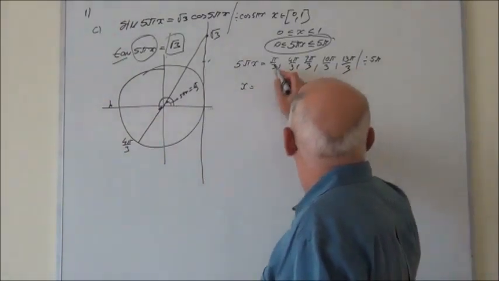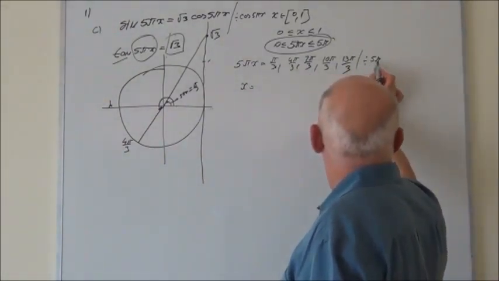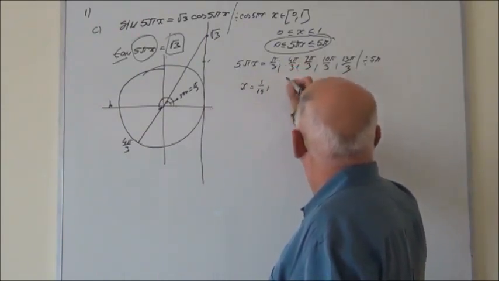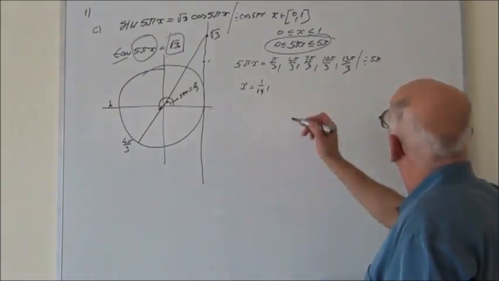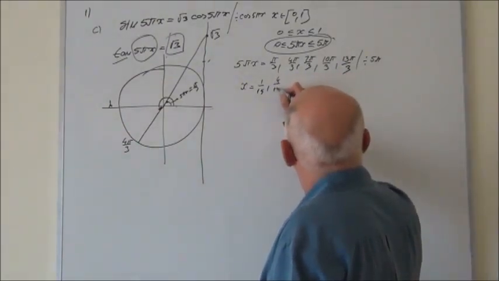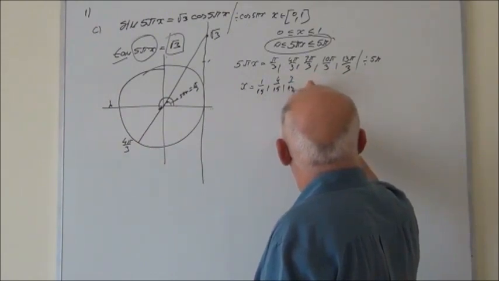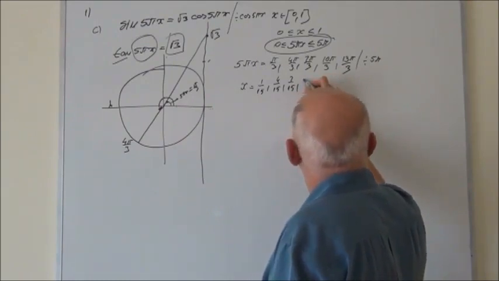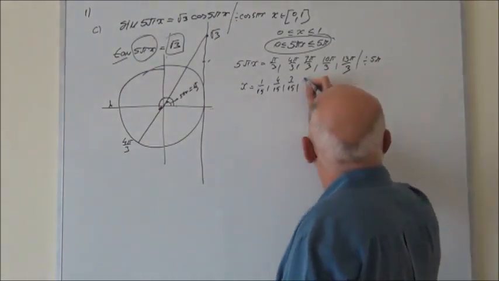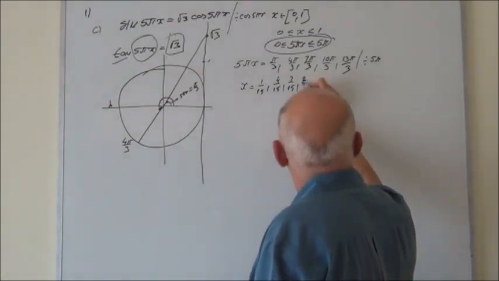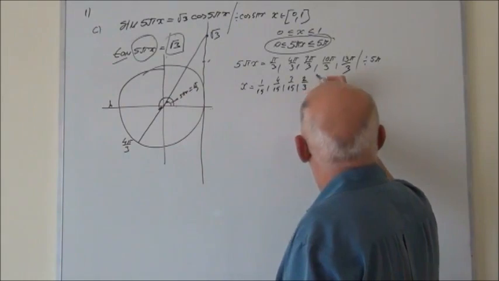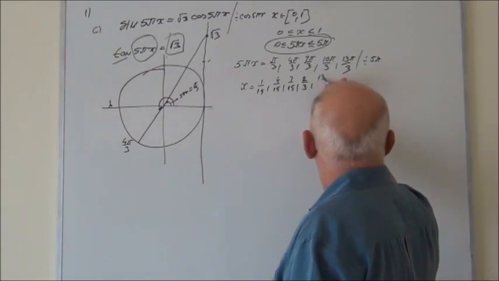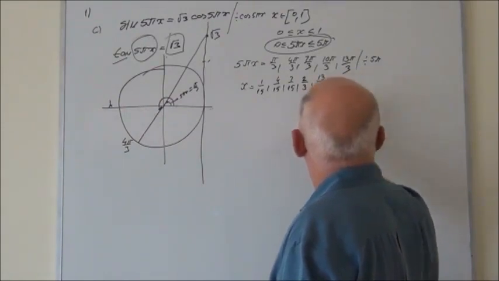Now we have to divide everything by 5 pi, and then write solutions just like x equals. When you divide this by 5 pi, pi and pi cancel, you have 1 on 15, and similar for all others: 4 on 15, then 7 on 15, then 10 on 15 you can cancel by 5, will be 2 on 3, then it will be 13 on 15.